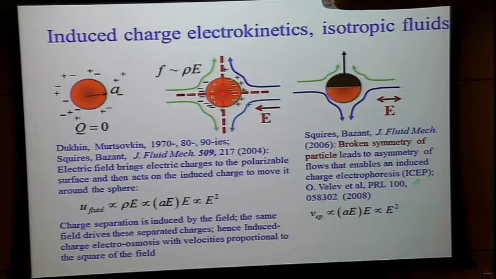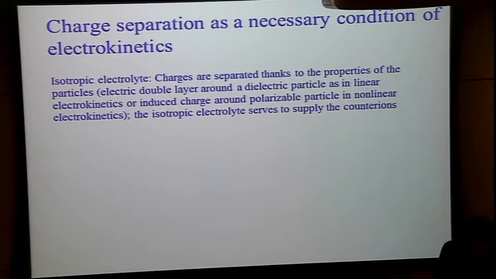The physics here is the same as on the left-hand side. The applied electric field causes these clouds of ions to be separated around the polarizable part of the particle, and then acts on these clouds and causes the motion. This motion has a velocity proportional to the square of the electric field. Velev was the first to observe it experimentally.